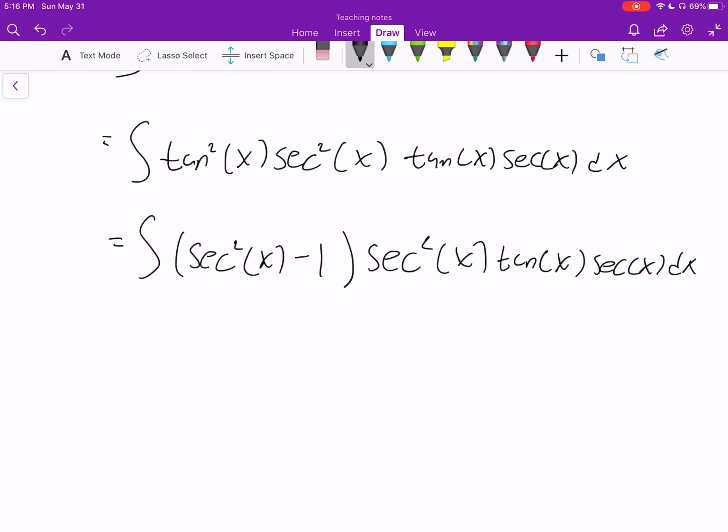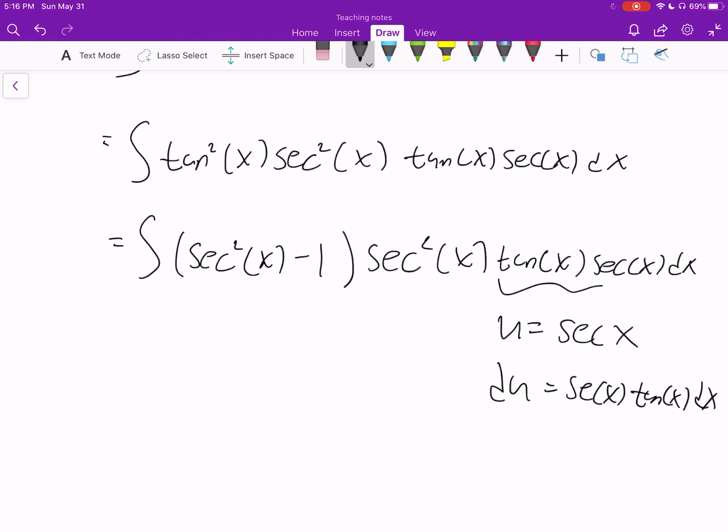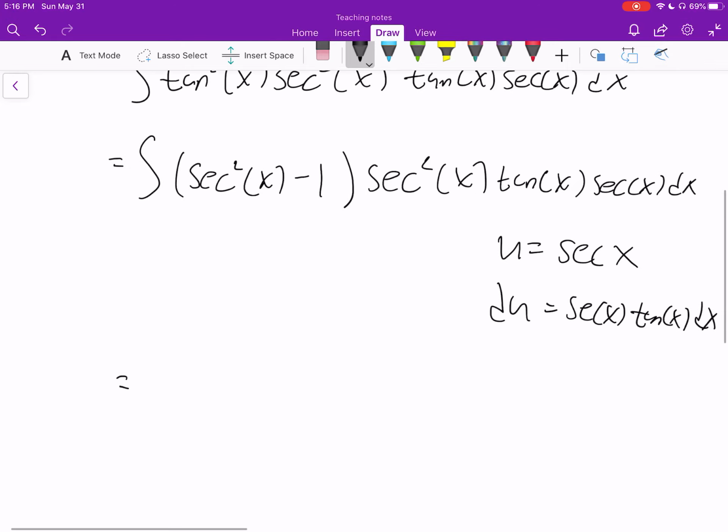Now I can see that if I let u equal secant x, du will be secant tangent dx, and that appears right there at the end of the integral. So then I can write this as the integral of u squared minus 1 times u squared du.